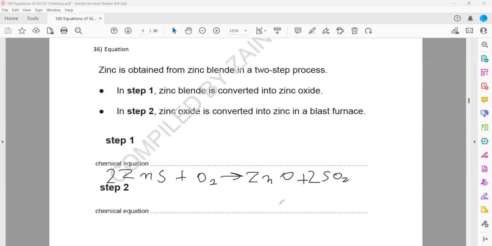So sulfur is balanced, zinc is balanced. What about oxygen? You have to balance this equation. Zinc is balanced now, sulfur is balanced. What about oxygen? There are 4.